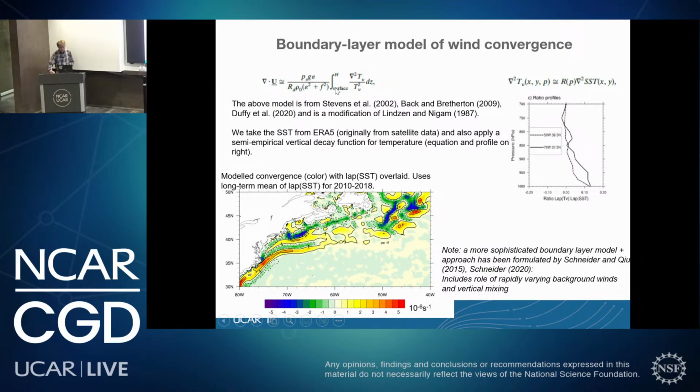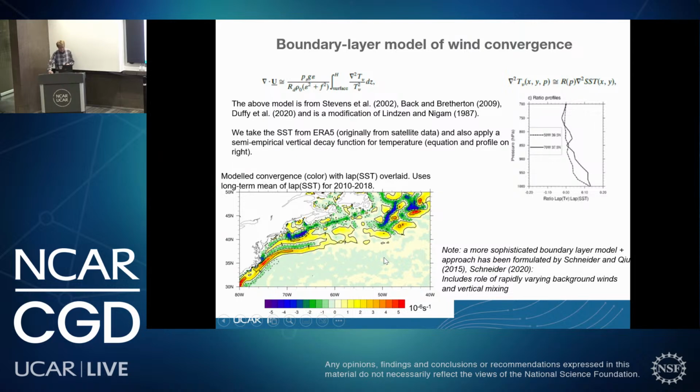And this is basically the kind of model that you have from the Lindzen-Nigam approach, and then these subsequent papers, and this is actually from Margaret Duffy's paper, that the divergence shown on the left up here is related to the Laplacian of air temperature. And then we did an empirical relationship between Laplacian of air temperature and Laplacian of SST. So this is kind of semi-empirical.